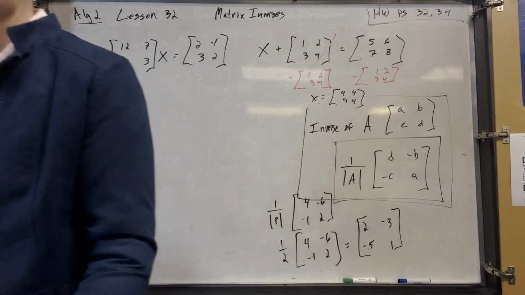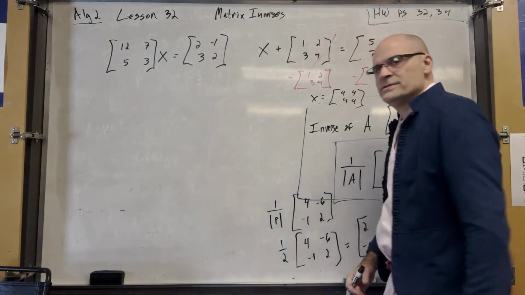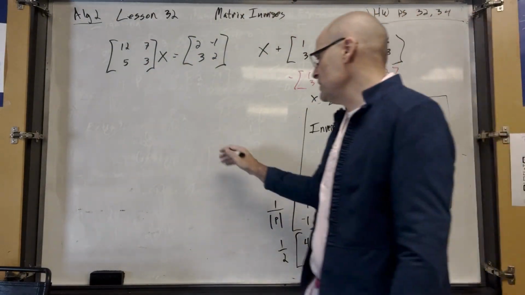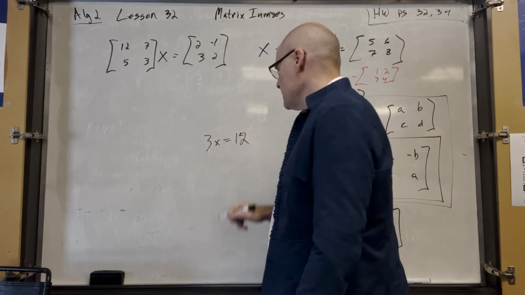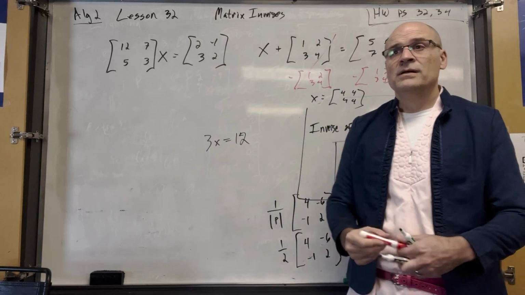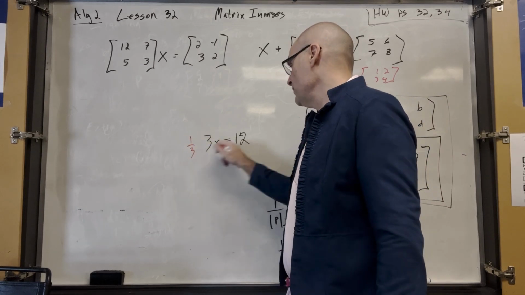Okay? So you would think you would divide, but we don't know how to divide matrices. But what's the other option? If you have an equation like this, obviously the easiest thing to do is divide both sides by 3. Or you could find the multiplicative inverse and do that.